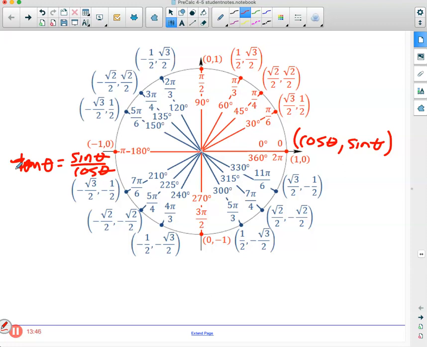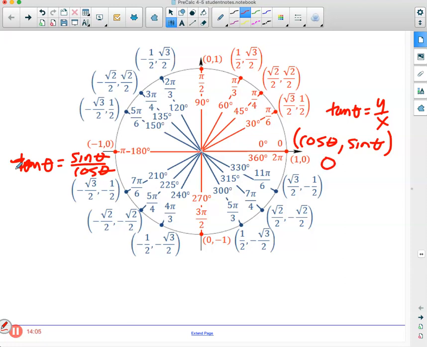So if I have 0 as (1, 0), trig also told us that tangent is y over x. We can use sine over cosine, we can use y over x, but we're going to have 0 over 1.